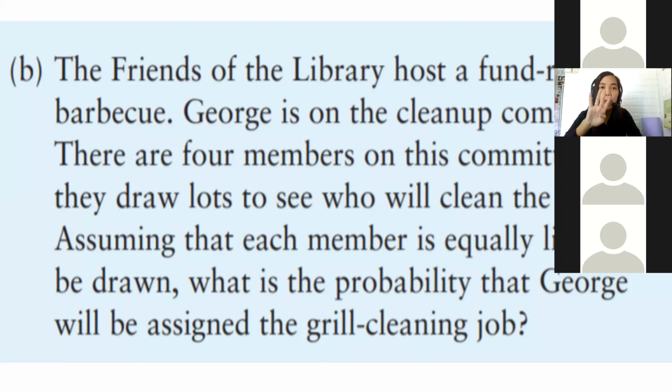We have 4 members, and one of them is George. So how many favorable outcomes? 1. Okay, so we have 1 over the total number of outcomes, which is what? 4. Alright, so we have 1/4.